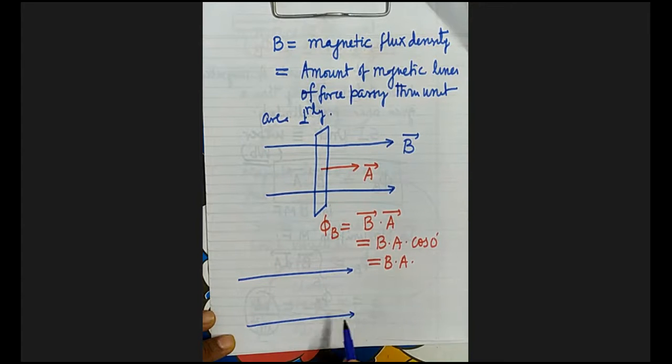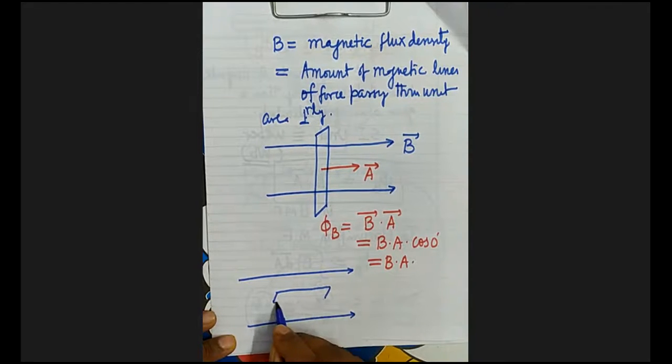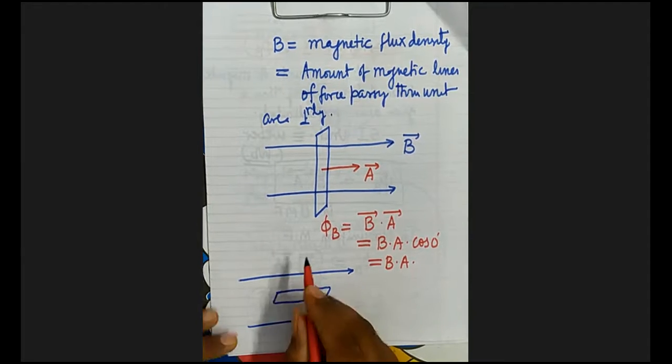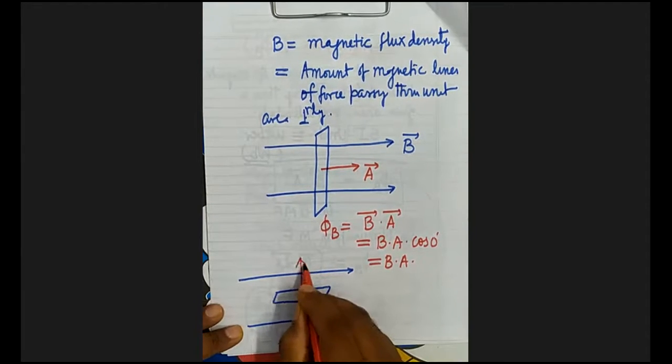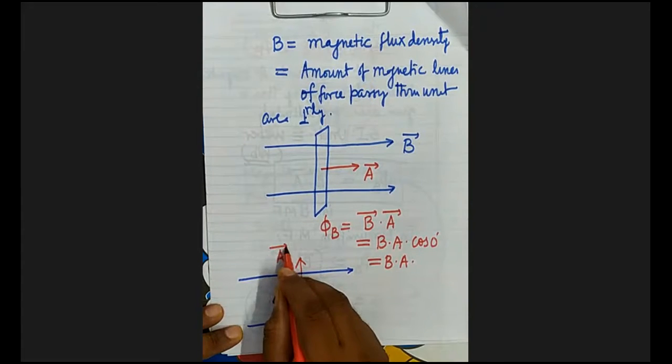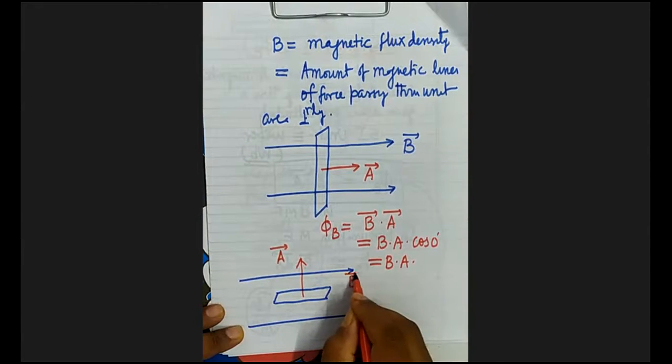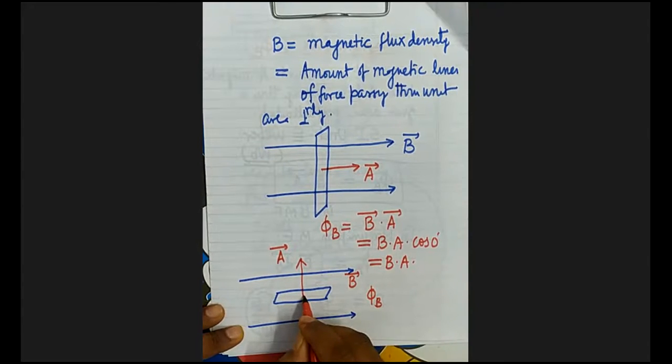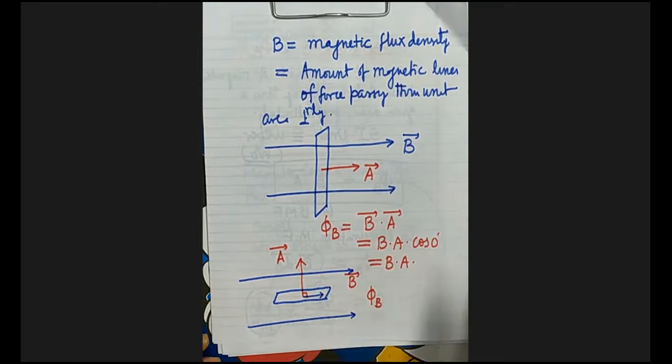And if it is like this, surface is held parallel to magnetic field, then what is the direction of area vector? Area vector is this. Magnetic field vector is this. What is the angle between them? Angle between them will be 90. Here, angle between magnetic field direction and area vector is 90.